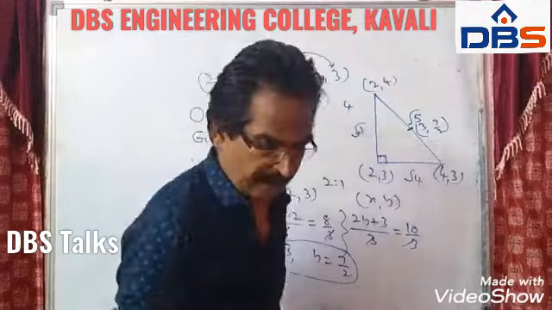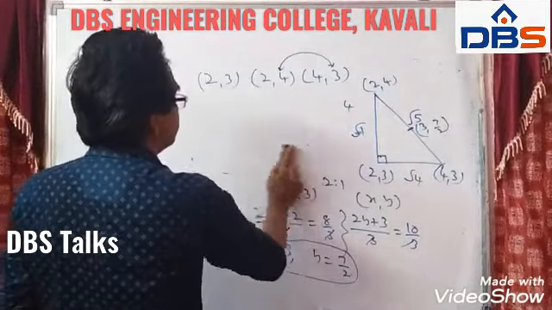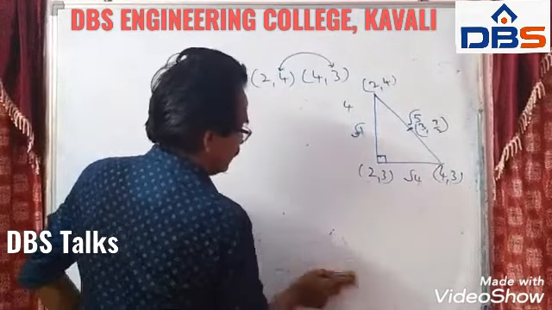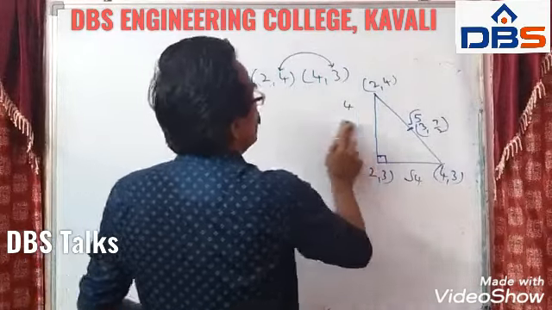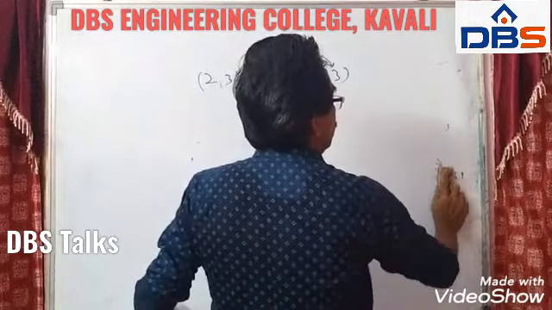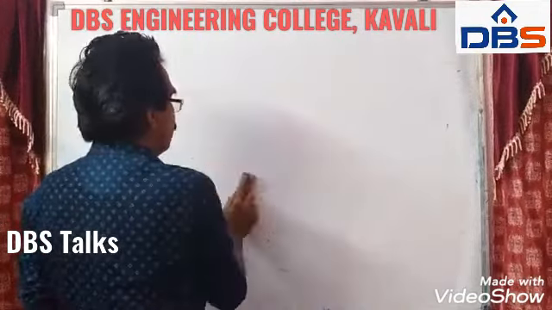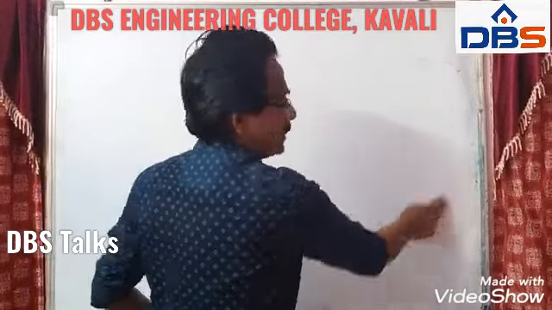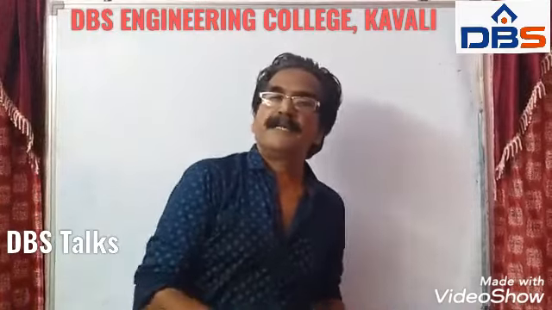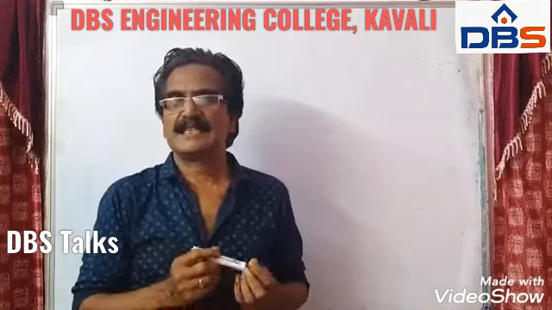Okay friends, now let us go to the next problem. So for a right angle triangle, where the right angle is formed, that is the orthocenter, and the midpoint of the hypotenuse is the circumcenter.